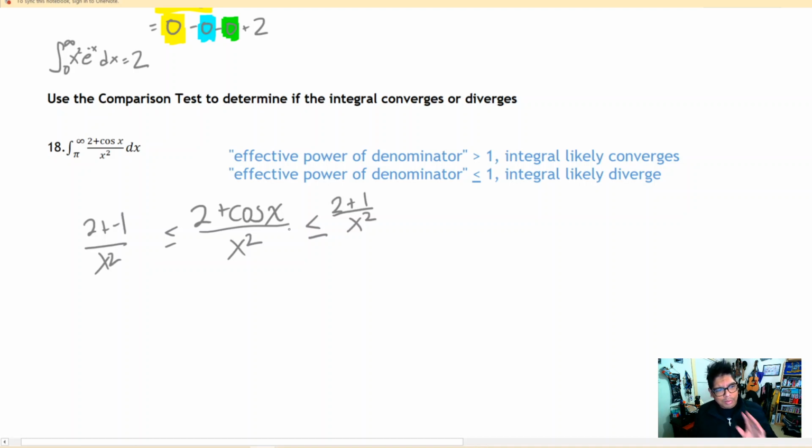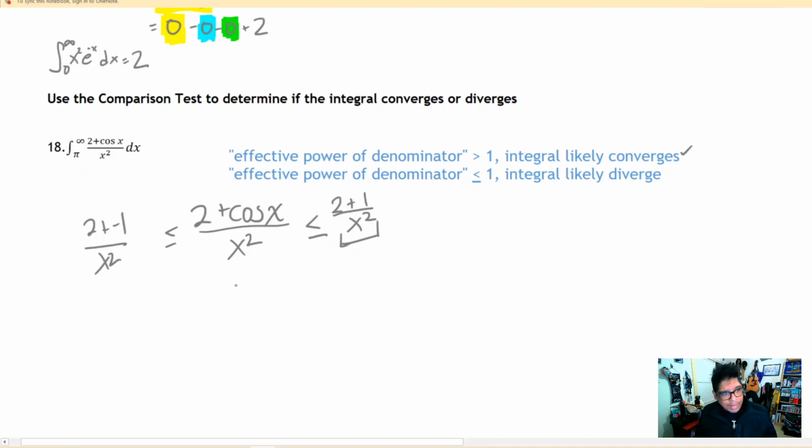So that numerator, I don't consider that having any power at all. So the only thing here is our denominator, and our denominator has an effective power of 2, so our integral is likely going to converge. Now what we've done here is also really nice because we have also figured out a function that is greater than our original function.